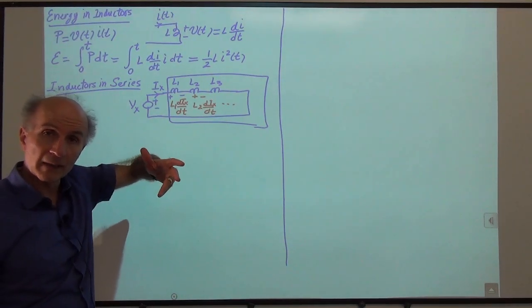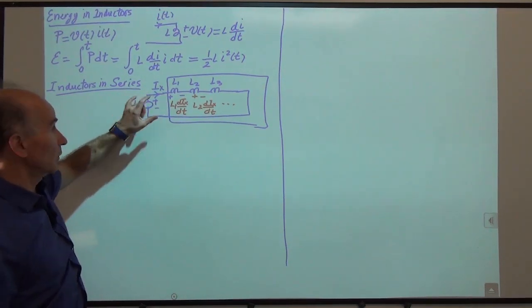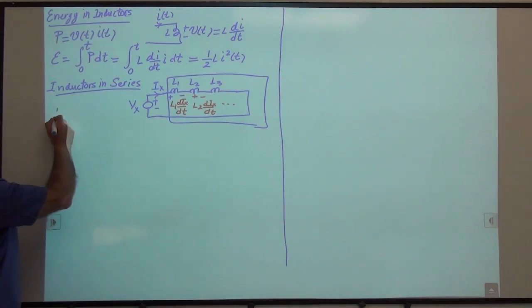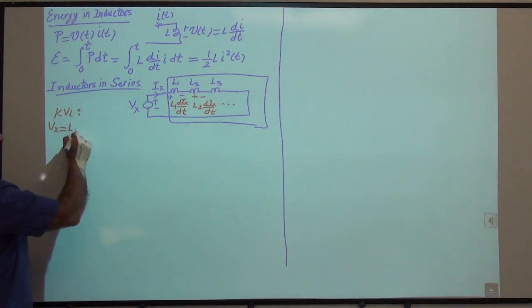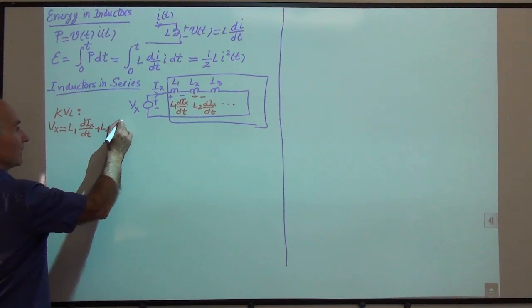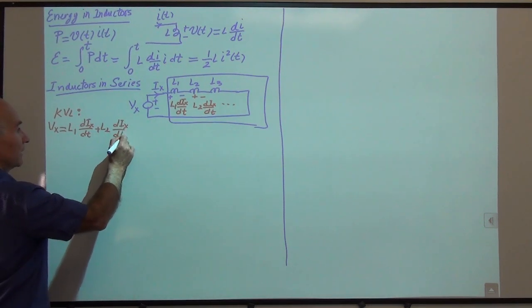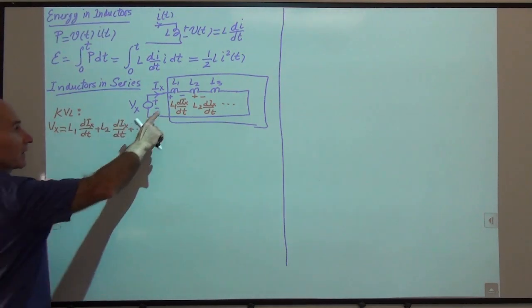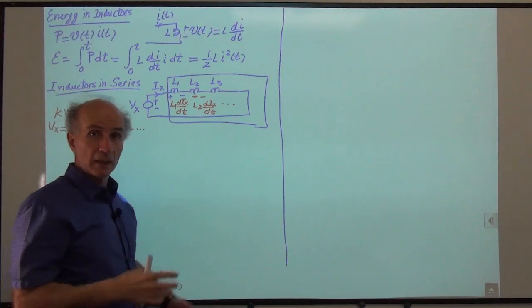So I found this voltage, I found this voltage, I found this voltage, and so on. Now I can write the KVL. I can say this voltage is equal to this, etc. So I write the KVL, we have Vx is equal to L1 dIx over dt plus L2 dIx over dt, etc. These are all Ix because the current flows through all of them in the same form.